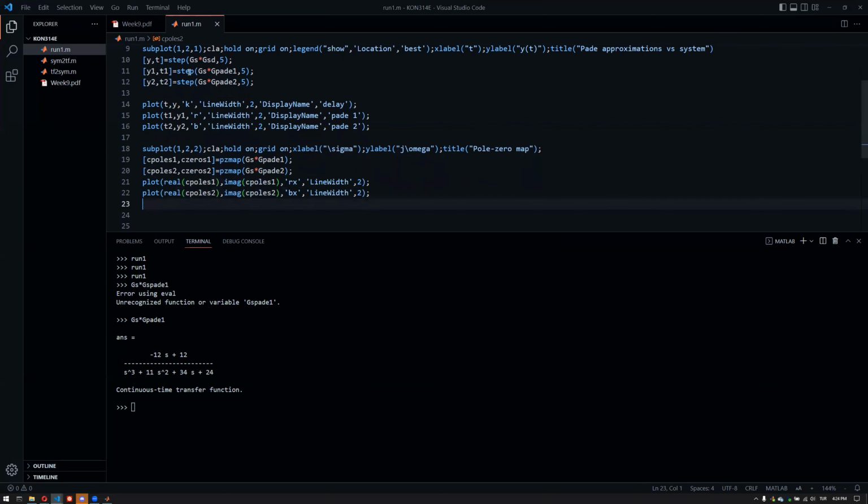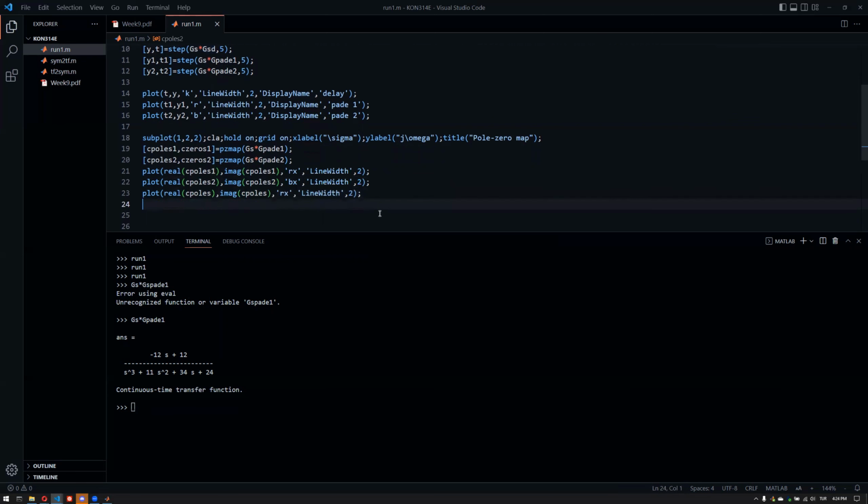Now, you can check for yourself, but PZ map here actually works a bit differently than you might expect. Therefore, I'm not even using that. Actually, let's use it and let me show it that way. So let's call it poles. By the way, we also need the zeros here.